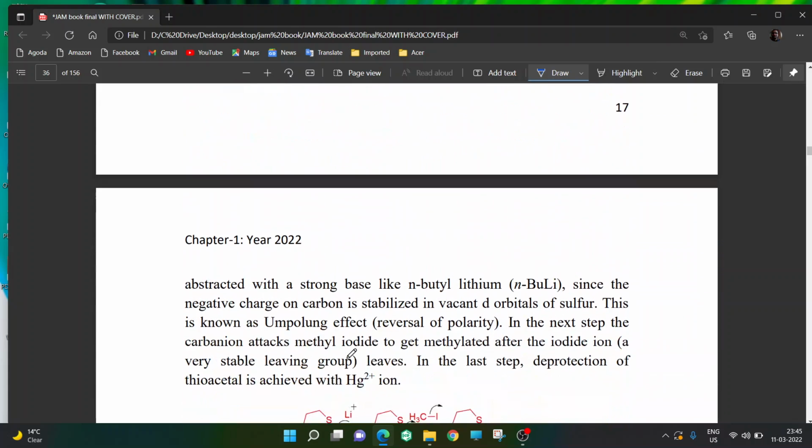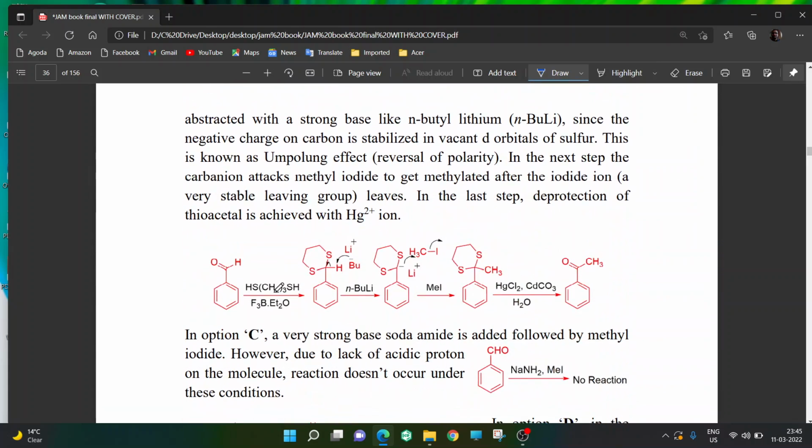So let's see. First when you are reacting it with propane 1,3-dithiol, it forms a thioacetal. H2O is basically lost, this H and this H along with this oxygen, and it forms this kind of thioacetal.